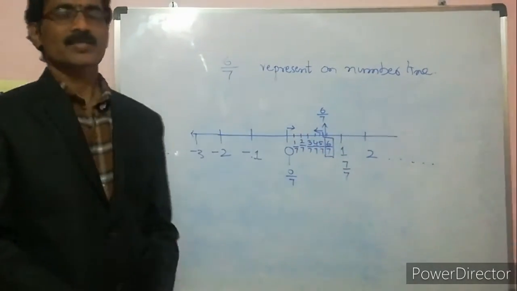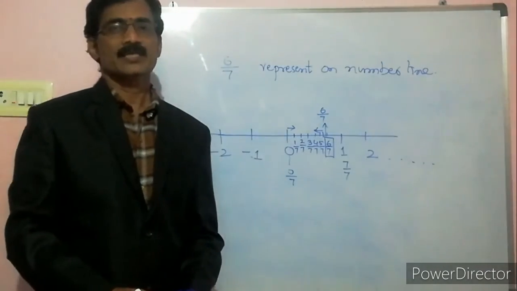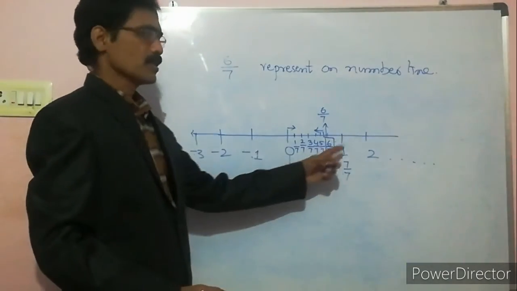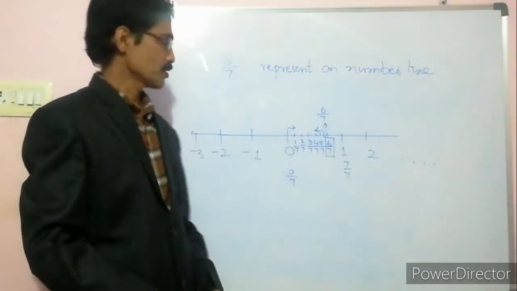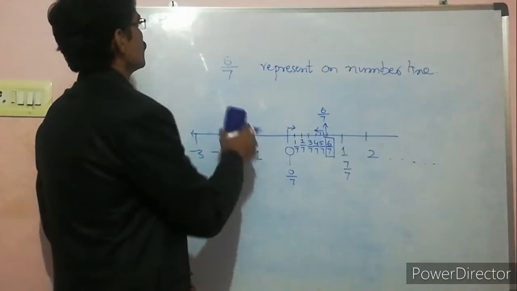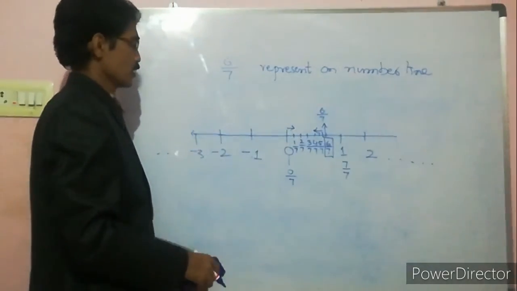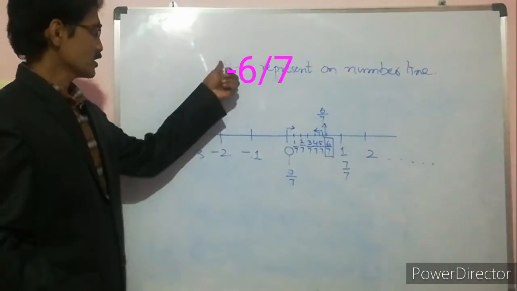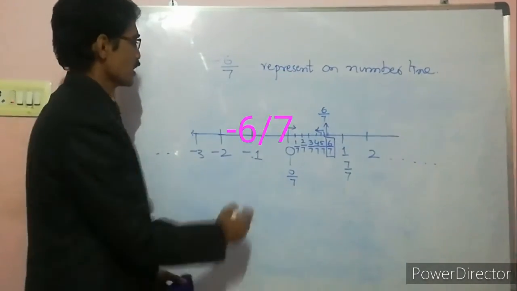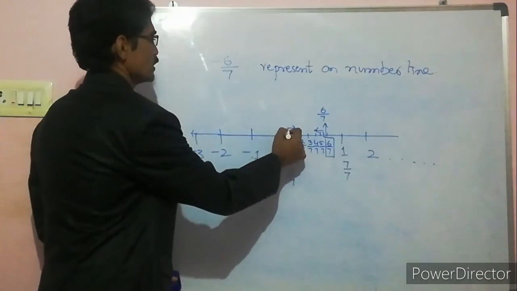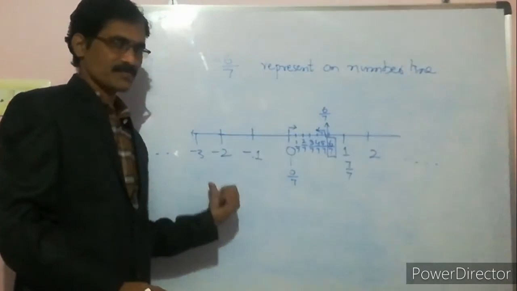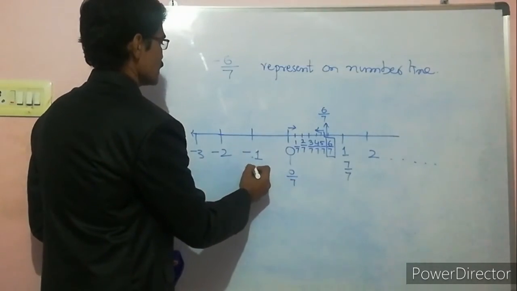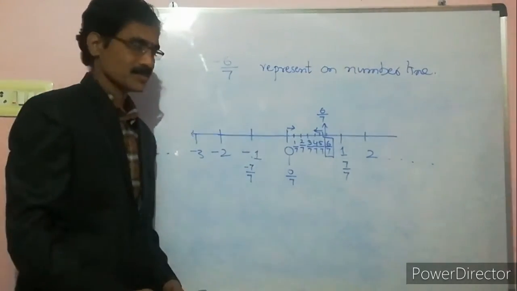So in this way you can represent any fraction or any rational number on the number line. If you take one more, for example, minus 6 by 7. Minus 6 by 7 must lie between minus 1 and 0, on the left side. Again you take 0 by 7 and this is minus 7 by 7.